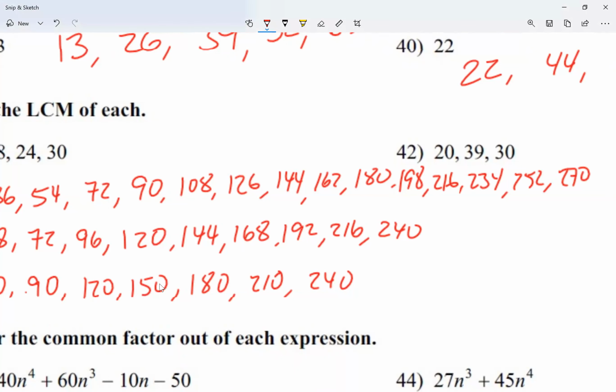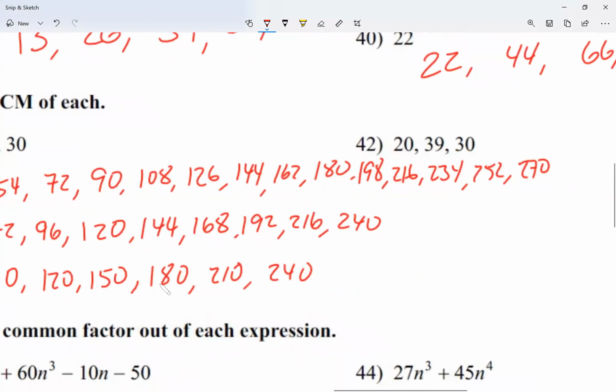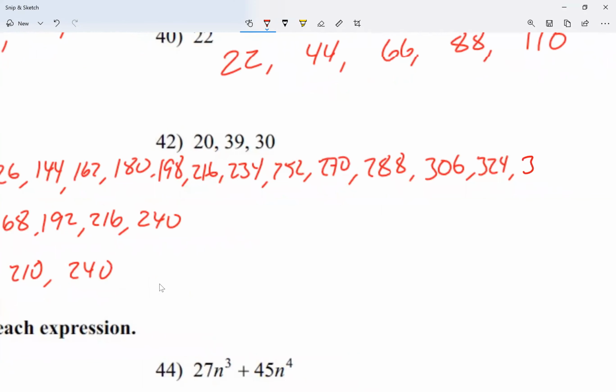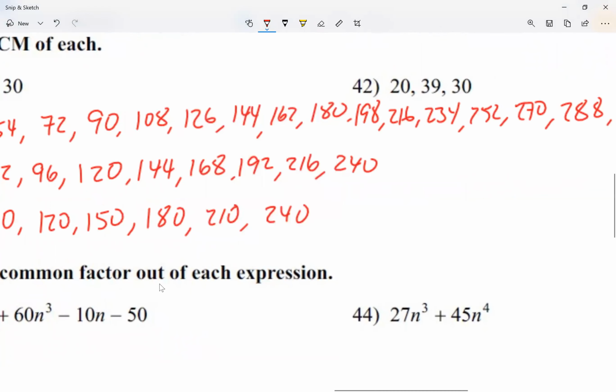Ooh, let me go 288, 306, 324, 342, and 360. Ooh, okay.